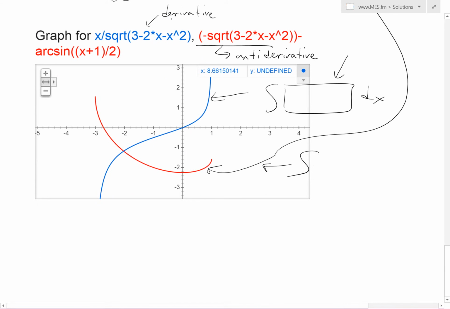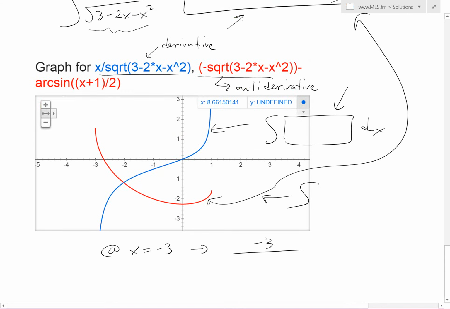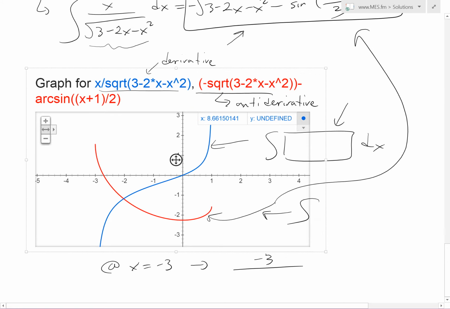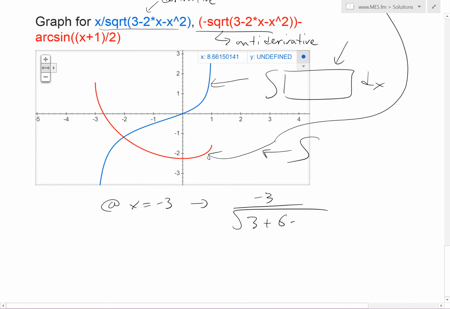So if this is the derivative of this function, then at x equals -3, plugging inside the integrand, we get -3 over the square root of 3 plus 6, which is 3 times 2, positive, minus 9. This adds up to basically -3 over 0, so we go to negative infinity, and that's where we're going here.